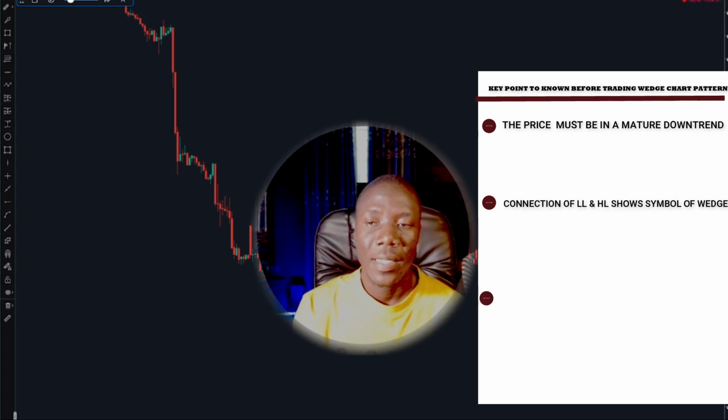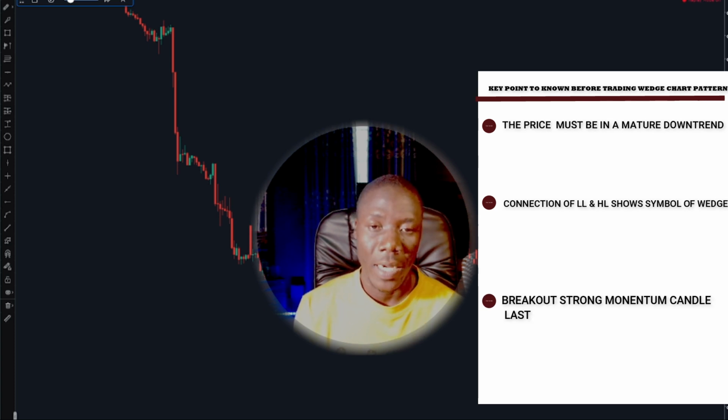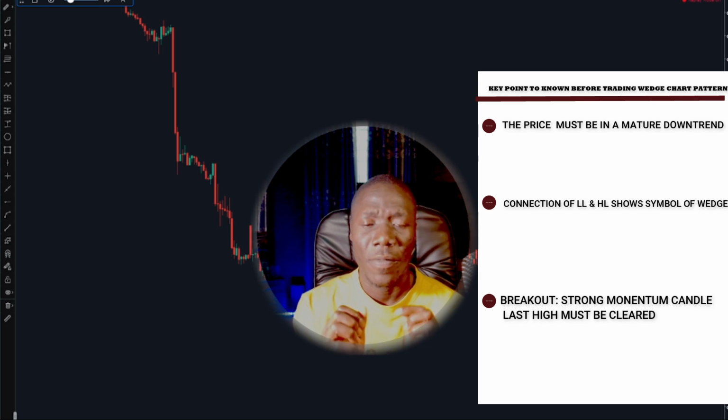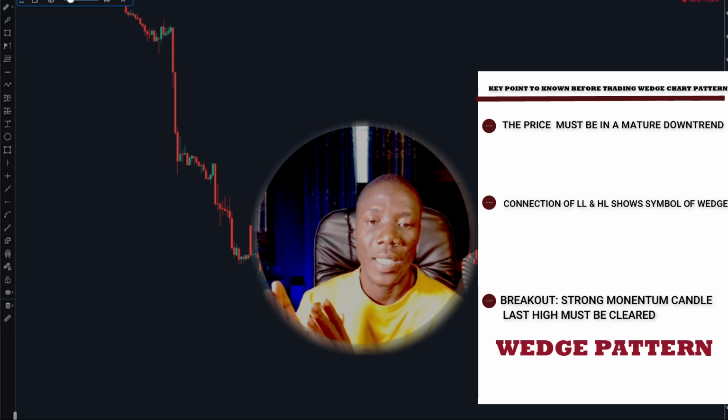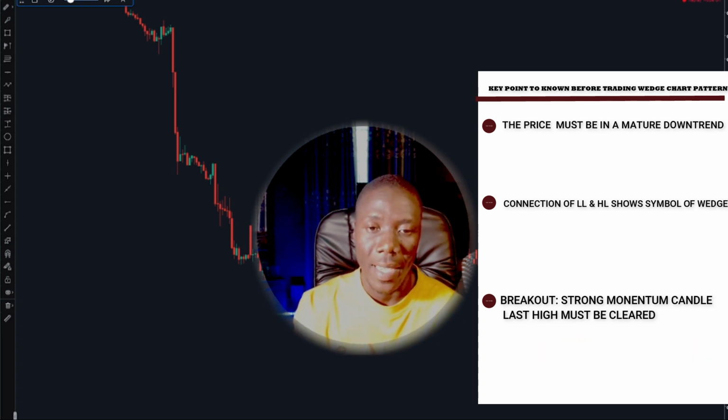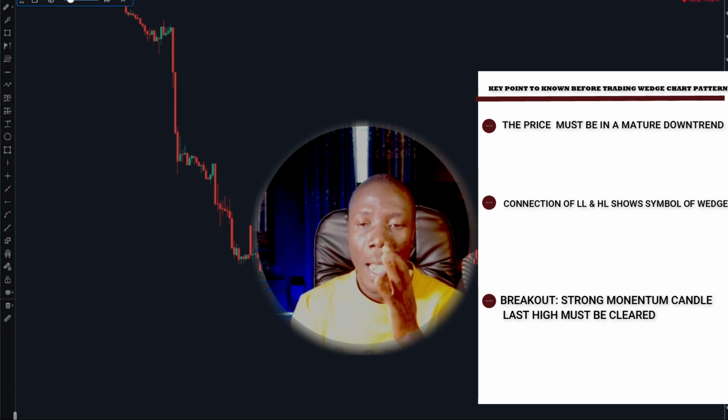The third thing is the entry, which is the breakout. The breakout candle must be a very good one, a very good momentum candle. Once you find that, you know that the criteria required to trade the chart pattern are there. So let's move into the live example for you to see how this works.